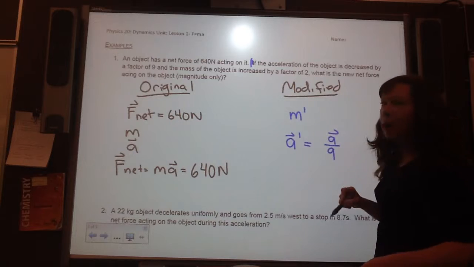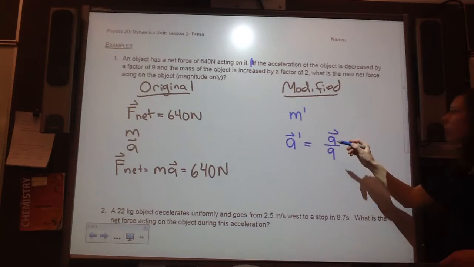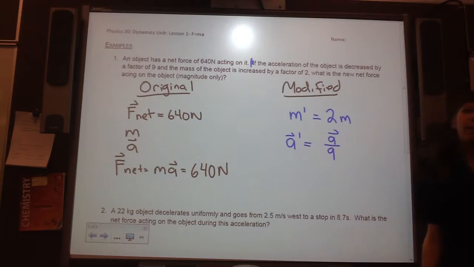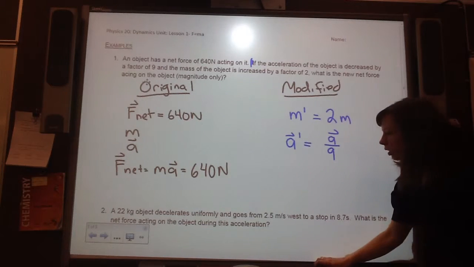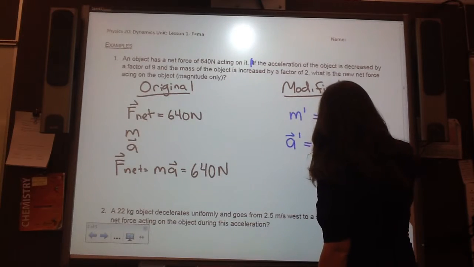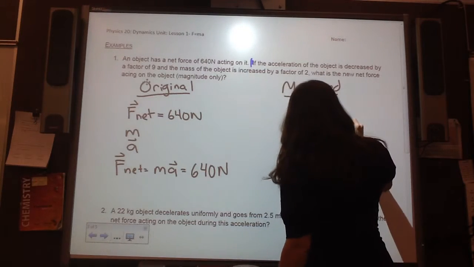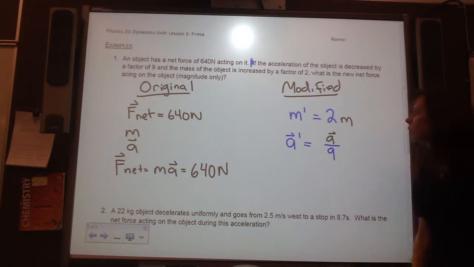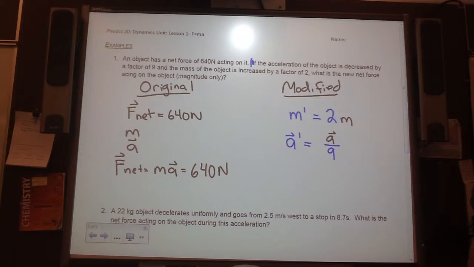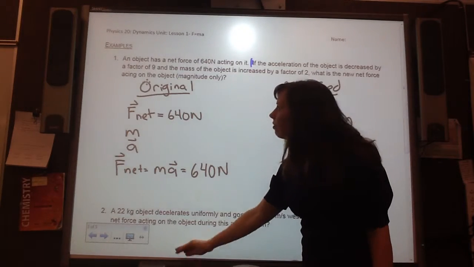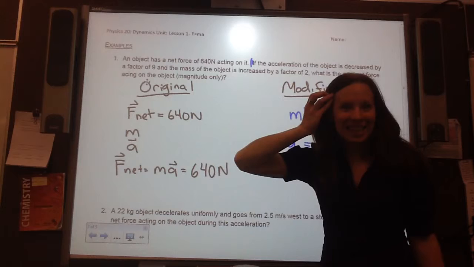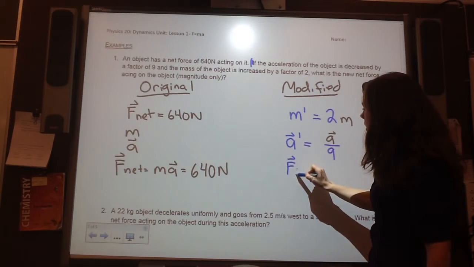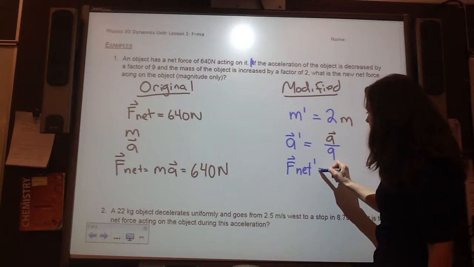So m prime, meaning m after, is equal to 2 times my original m. I'm using different colors to show you. And it asks, what is the new net force acting on the object? So that is F net prime, my question.